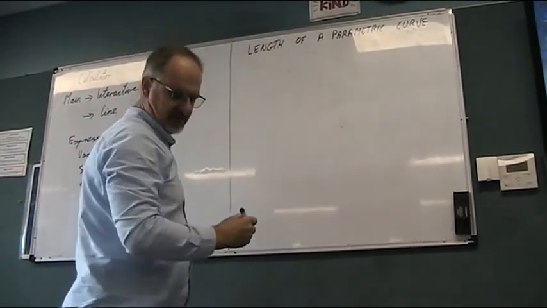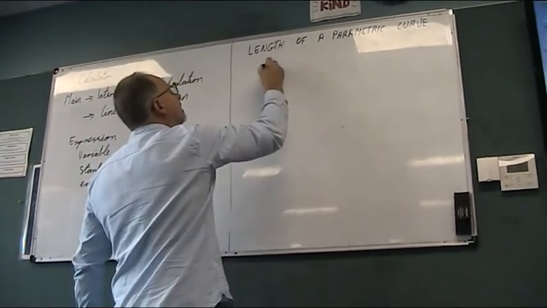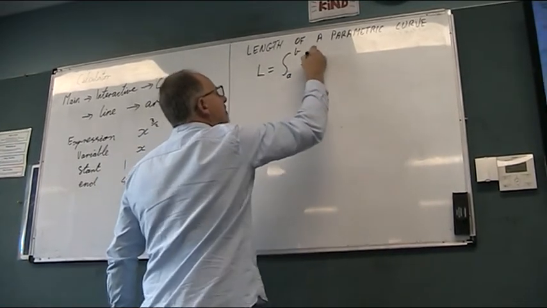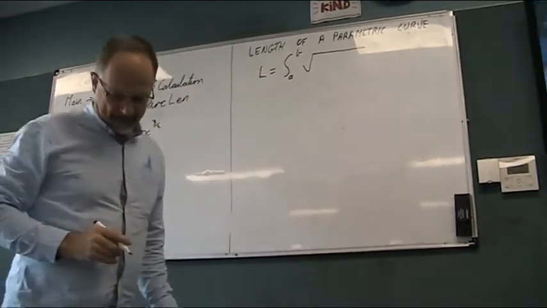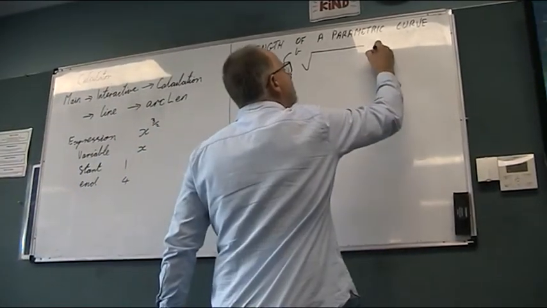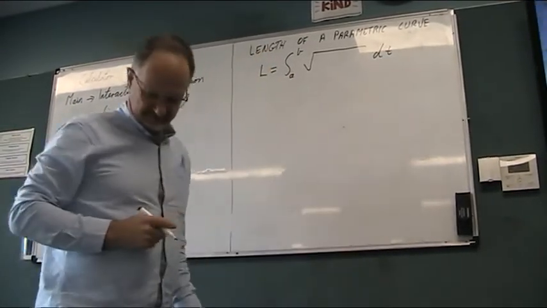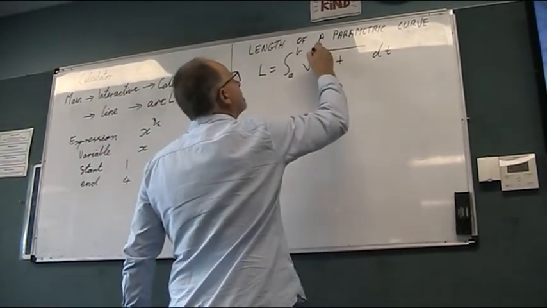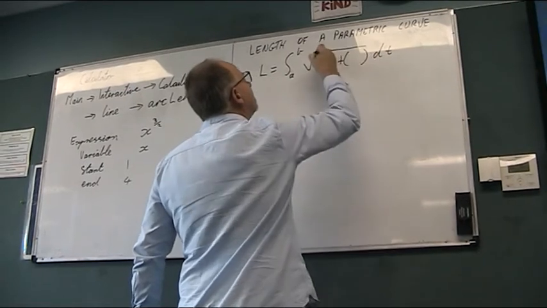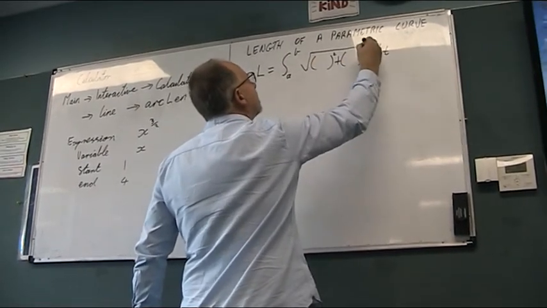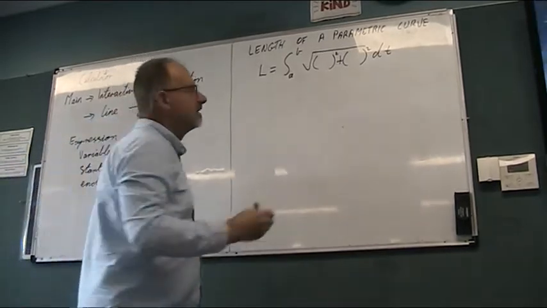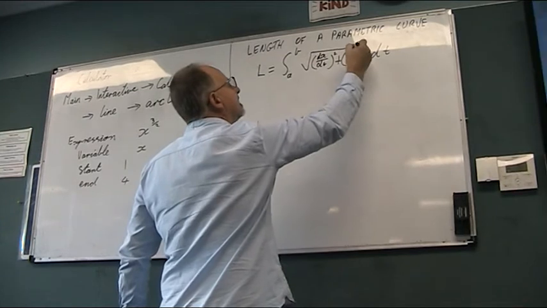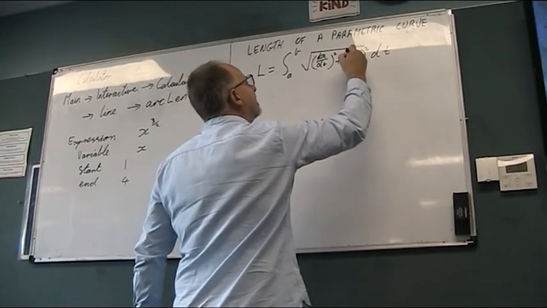So there's some similarities. Length is L, still from a to b, we've still got the square root. Instead of dx, we have dt, which is our parameter. And this inside here still looks similar, but not quite exactly the same. In the first bit we have dx/dt, and in the second bit dy/dt.